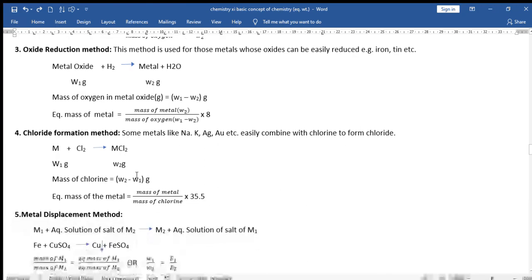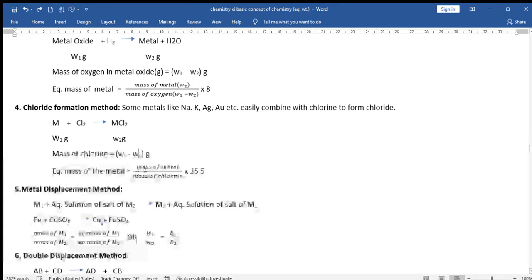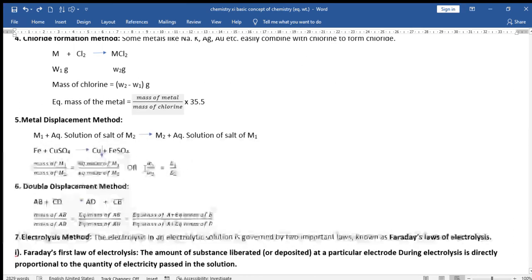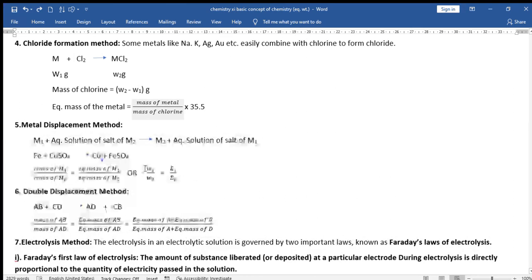Some metals like sodium, potassium, silver and gold easily combine with chlorine and form their chlorides. So for these metals, we have to calculate how much mass of chlorine is used during the formation of the chloride.